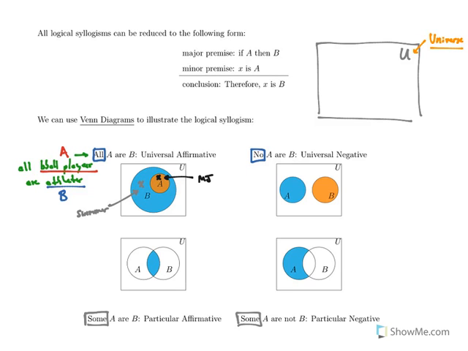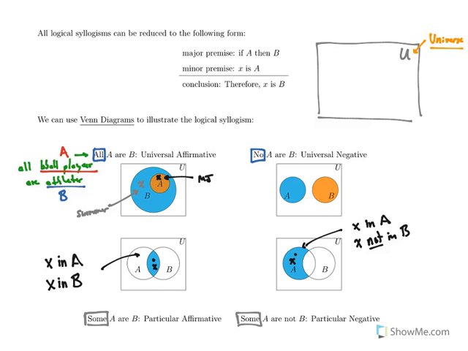So here we have A and B, and if we're talking about some A are B, then we're saying that if there's a point in here, and we call that point X, that X is in A and it's in B. That means that some A are B. Whereas if we have a point here for the not, then we're saying that X is in A, but X is not in B. So we're going to use these Venn diagrams to help us with a few examples in the next few pages.